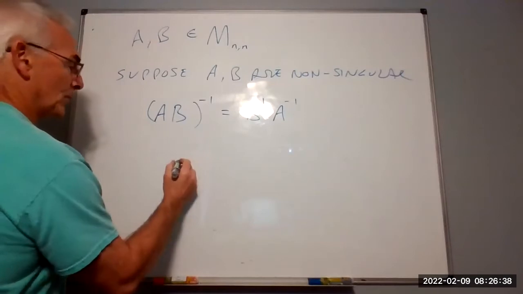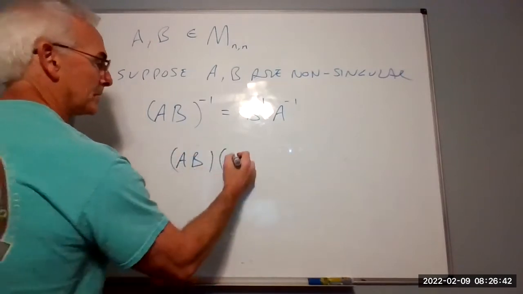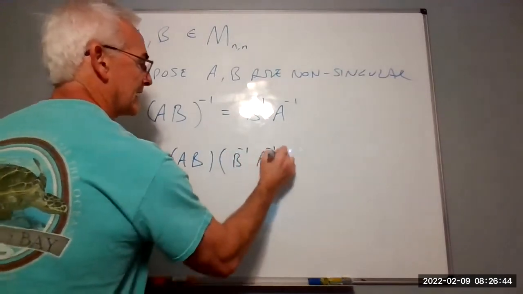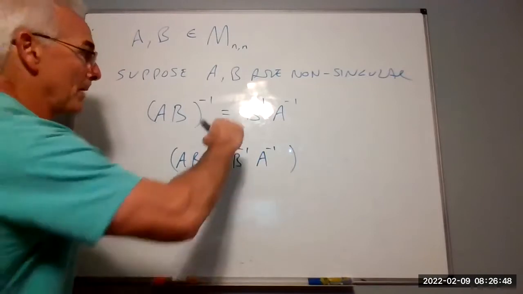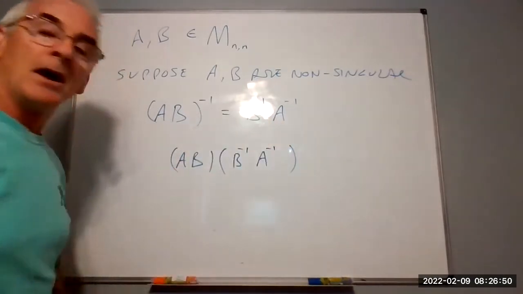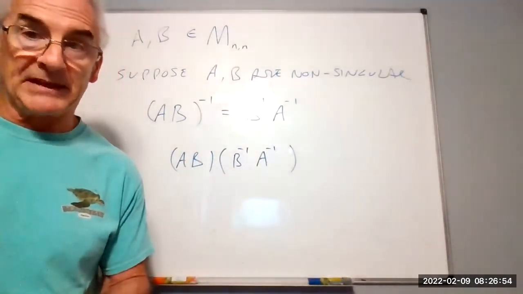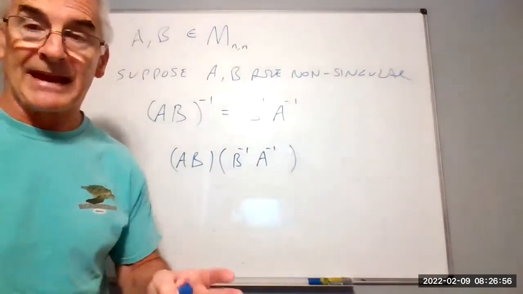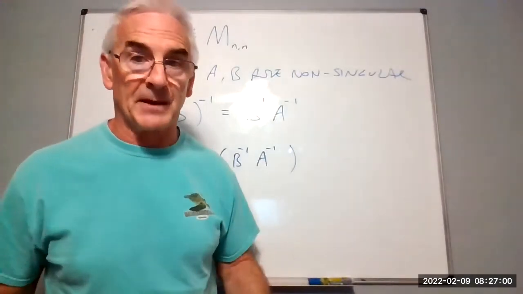If I took my original AB and I multiply it by B inverse A inverse. Now we mentioned last day, I'm going to prove this statement here is true. We mentioned last day that matrix multiplication in general is not commutative. You can't just assume you could commute. In fact, there are very, very rare exceptions.